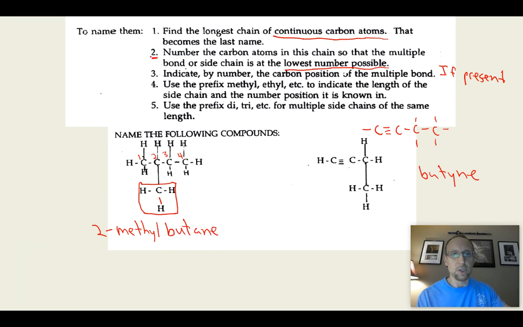Everything needs a number because you want to be able to recreate this. This triple bond, where does it occur? It occurs between the first and second carbon, right? Same thing. I want to start from the side that gives me the lowest possible number. So it's after the 1 carbon. So we really would call this 1-butyne. Right? It's not just butyne because that's not giving me enough information, because I could also draw this.